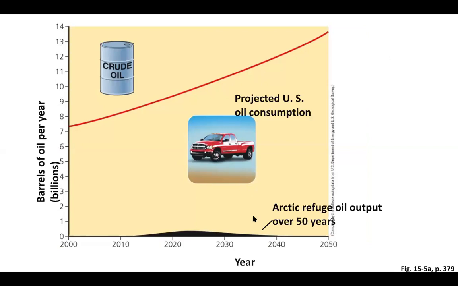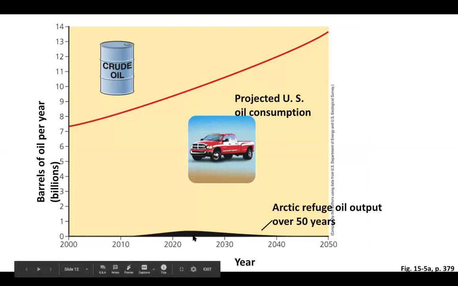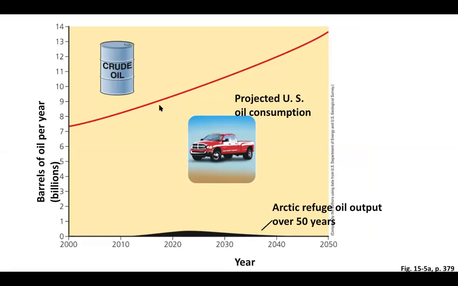And so that dip you see down here at the bottom, this is how much oil we would get from ANWR. And then this line right here is the projected consumption of oil in the United States. It really doesn't do anything for us.